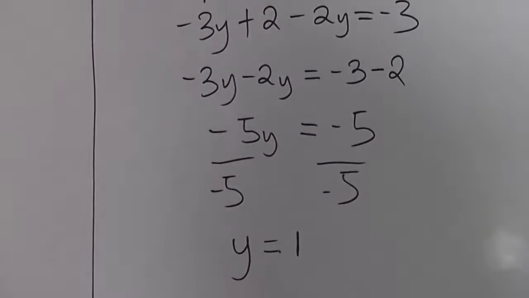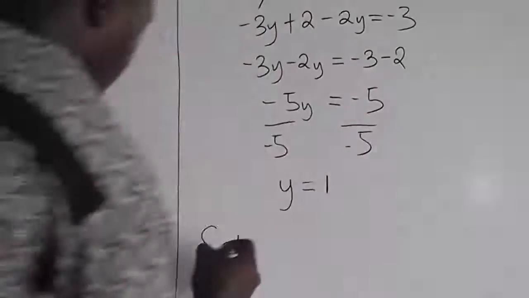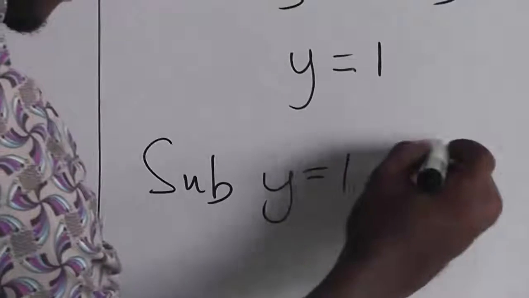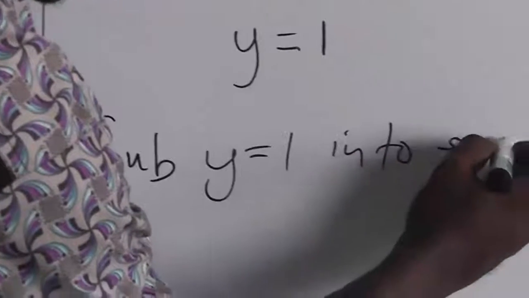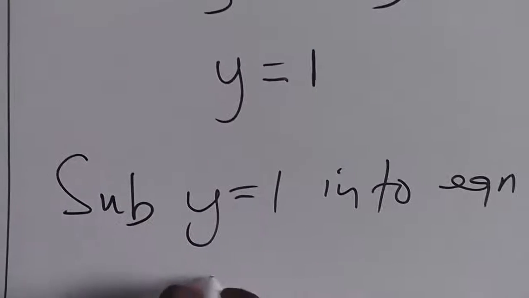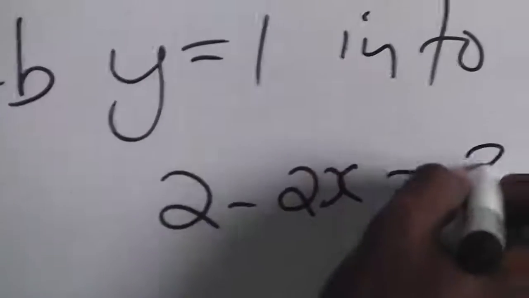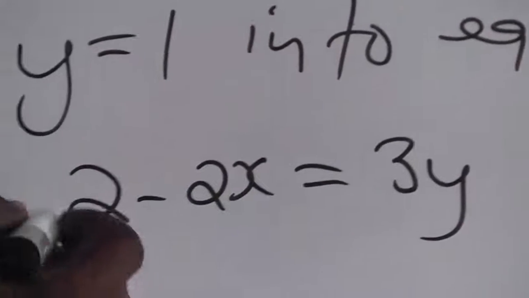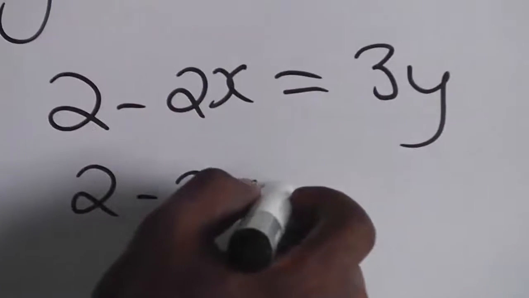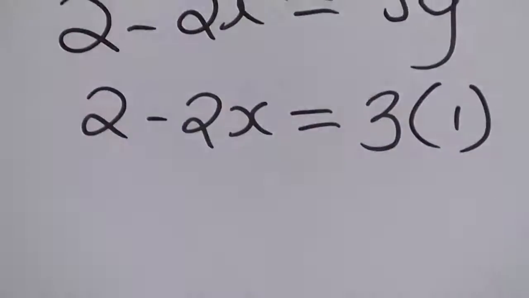Then we substitute y is equal to 1 into equation 1. Recall that our equation 1 is 2 minus 2x is equal to 3y. Then 2 minus 2x is equal to 3 times 1.